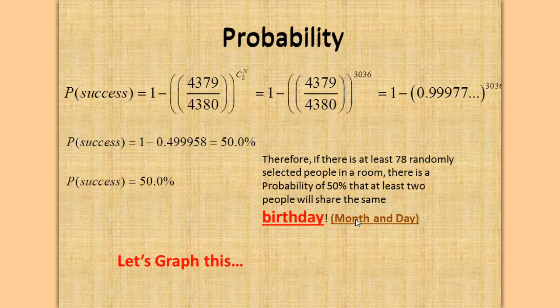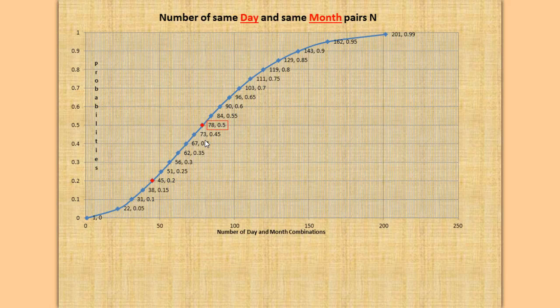Let's graph this. We go out to 78 people, and voila, 78 people at 50%.